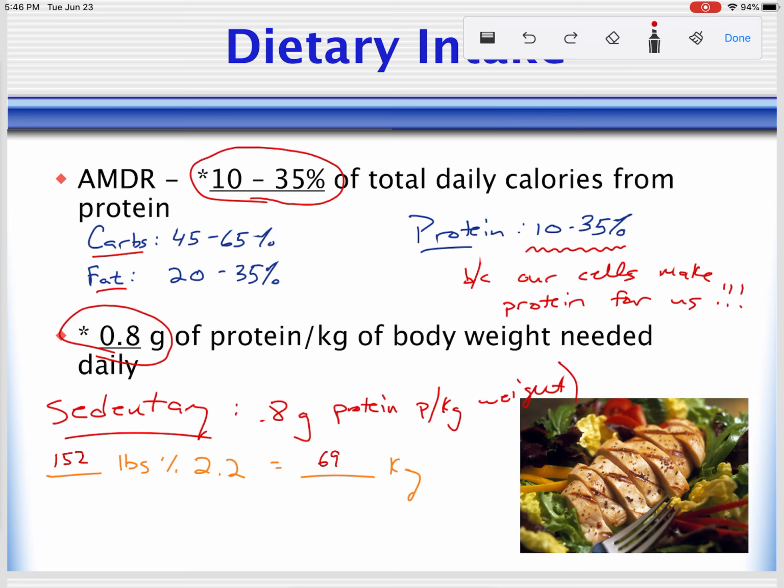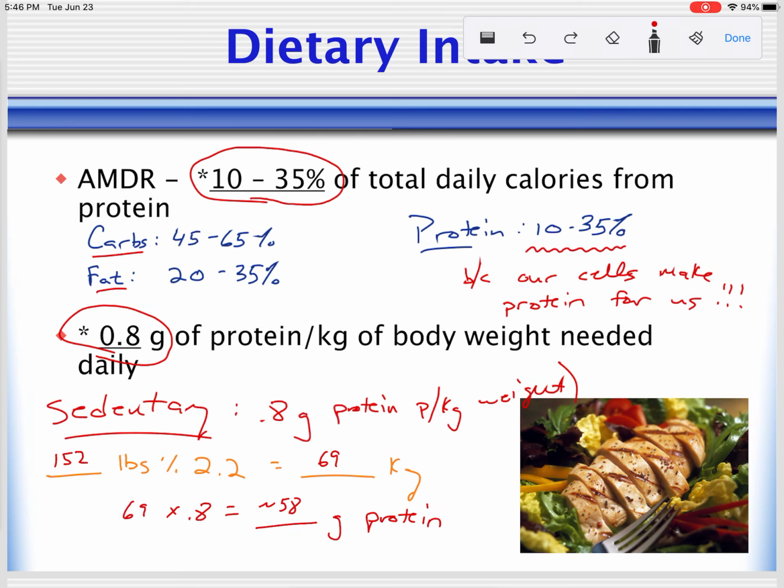So then to finish the calculations, I would take 69, my weight in kilograms, times 0.8, and that would be how many grams of protein I need per day. I don't have a calculator in front of me, so I'm not sure exactly how much that is. Maybe somewhere around 58, I don't know. But you should know that number. For a sedentary person, they need 0.8 grams of protein per kilogram of body weight.